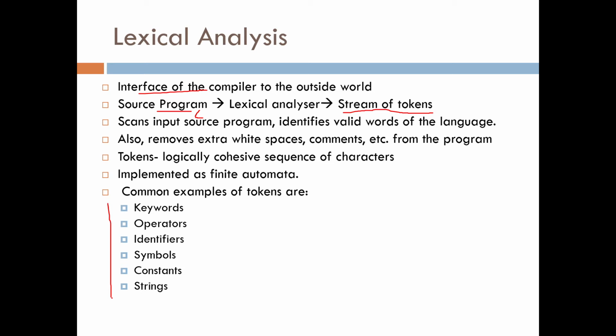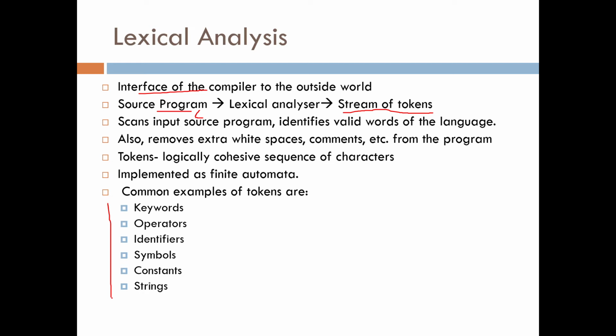So keywords from the language can be examples of tokens. Operators, identifiers, symbols, constants, some strings which you take as input. So all these are types of tokens. So basically these are the vocabulary of any language, right?